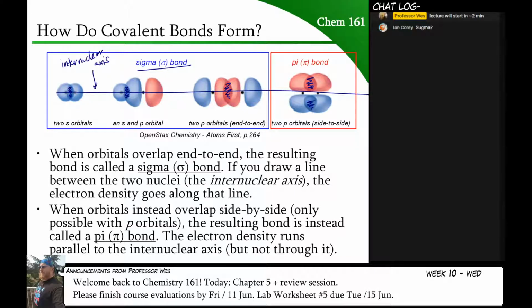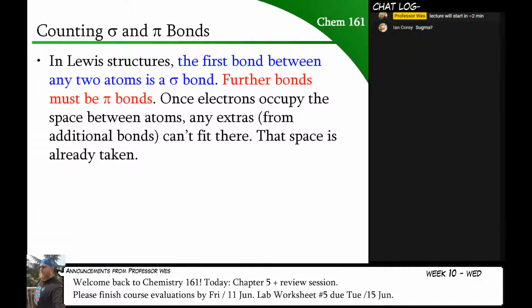Now, the area in which we have our overlap is going to have very interesting consequences for bonding. When you draw a Lewis structure, the first bond between any two atoms must be a sigma bond, because that is the easiest place to put electrons, directly between two nuclei.